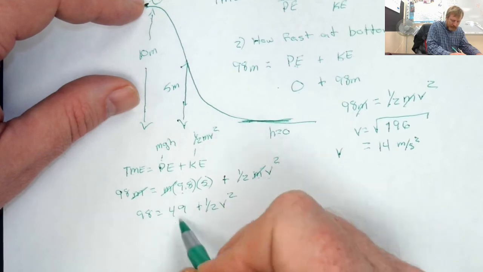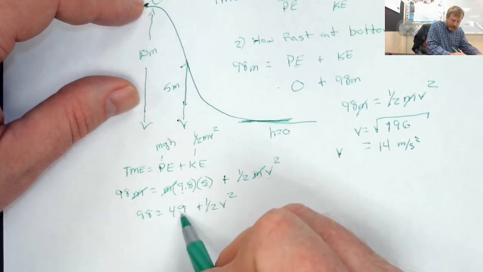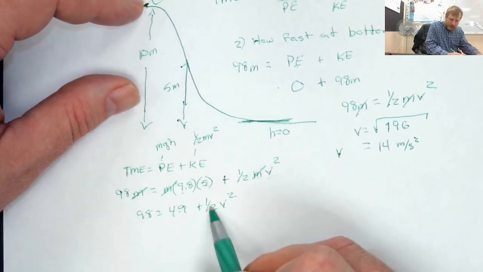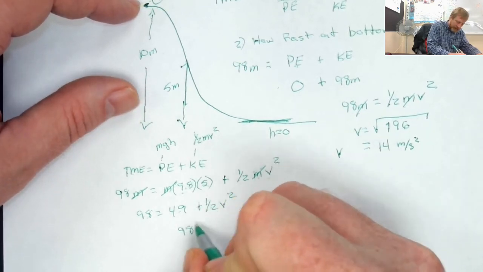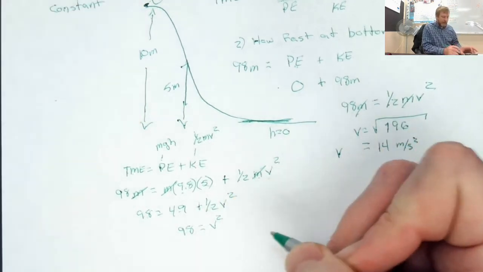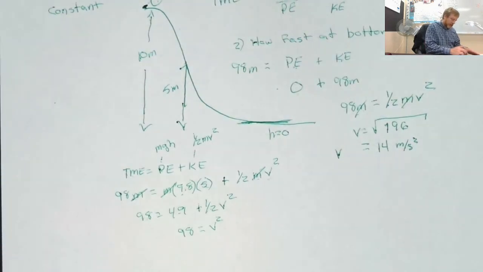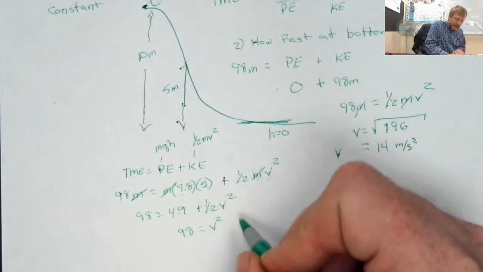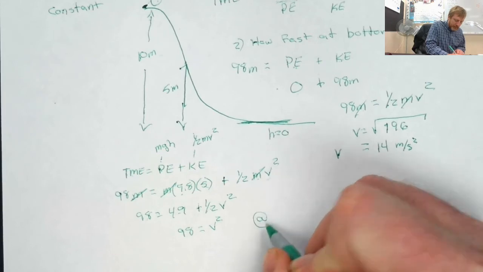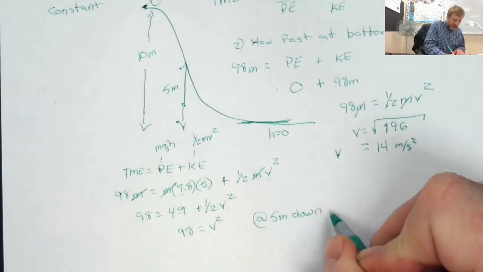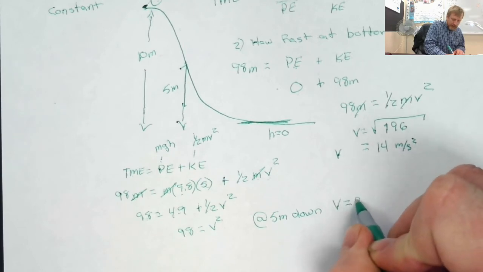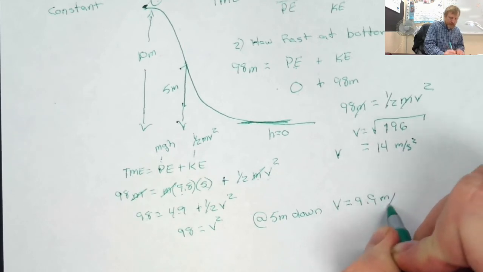So we're going to subtract 49 from both sides. We'll get 49, but then we're going to multiply by 2 on both sides. And so we're going to end up back with 98 equals v squared, or v equals the square root of 98. And we would find that at 5 meters down the track, the velocity equals 9.9 meters per second.